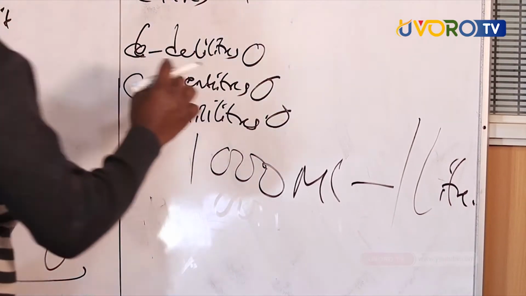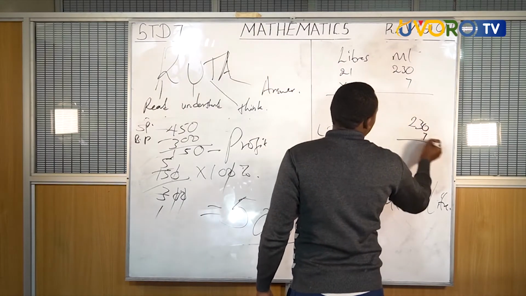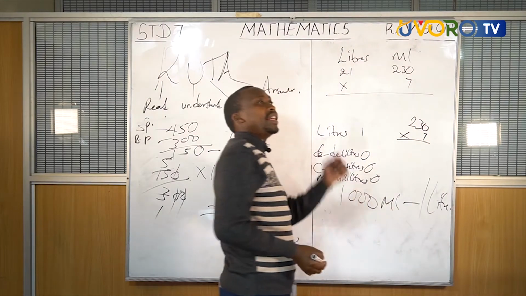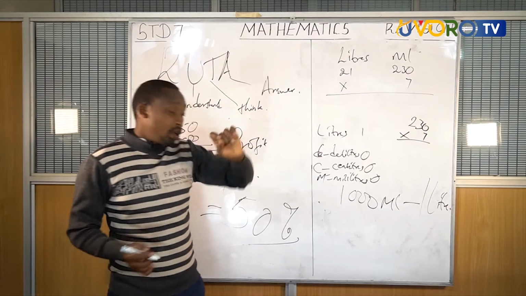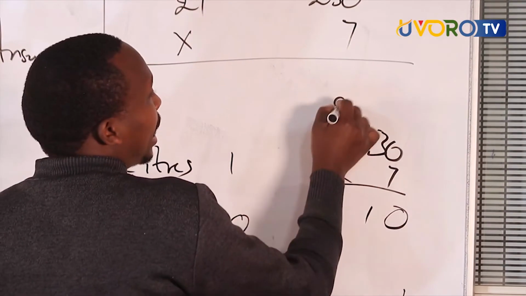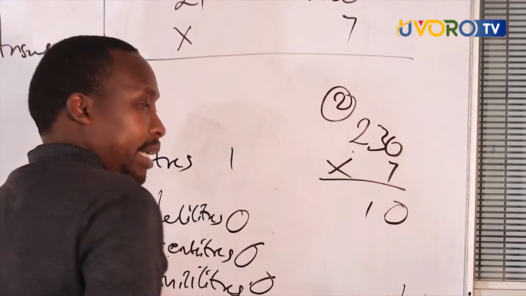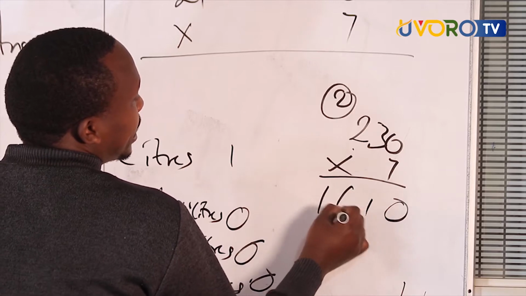All right. So you multiply 230 times 7. 0 times 7 is any number multiplied by 0. It gives us what? 0. 3 times 7, 21. Call it 2. 2 times 7, 14. Plus 2, 16.